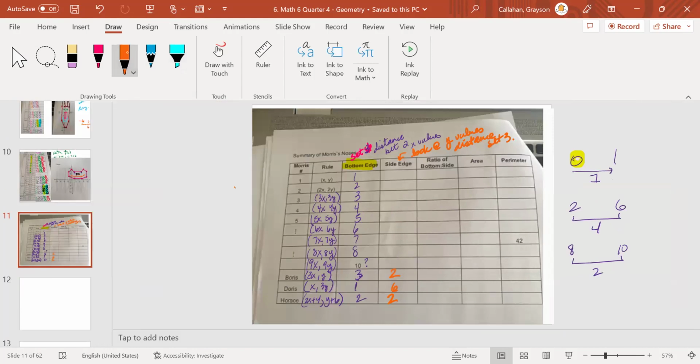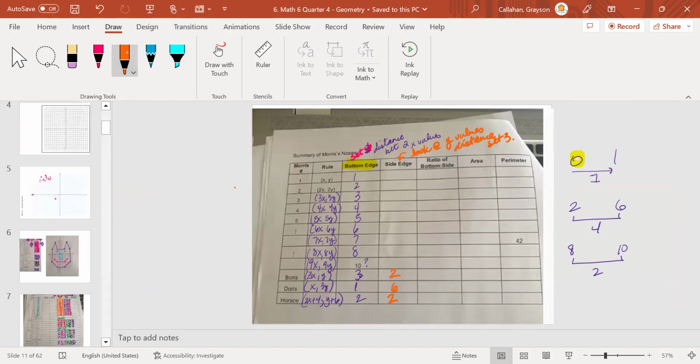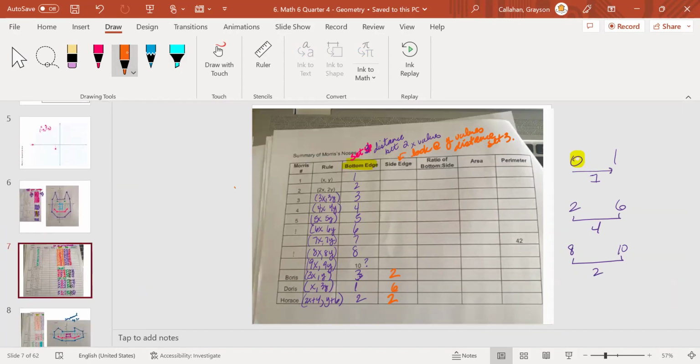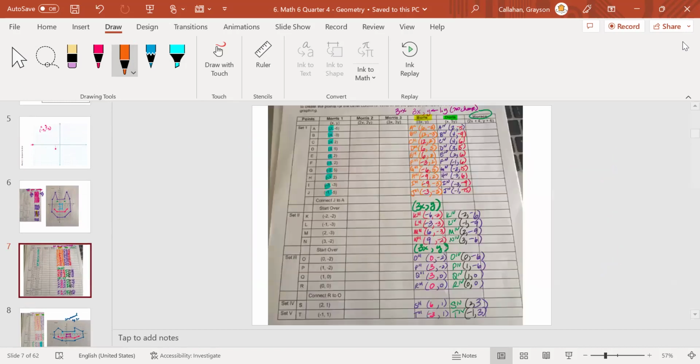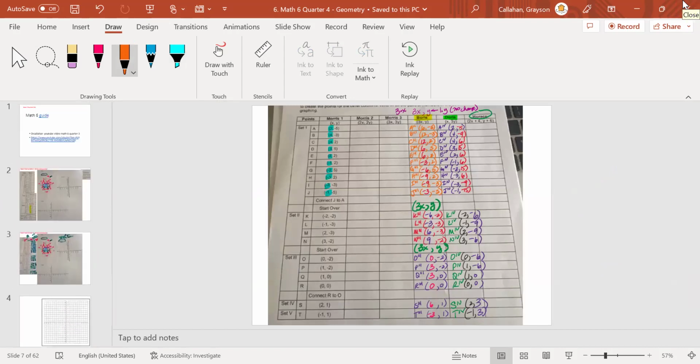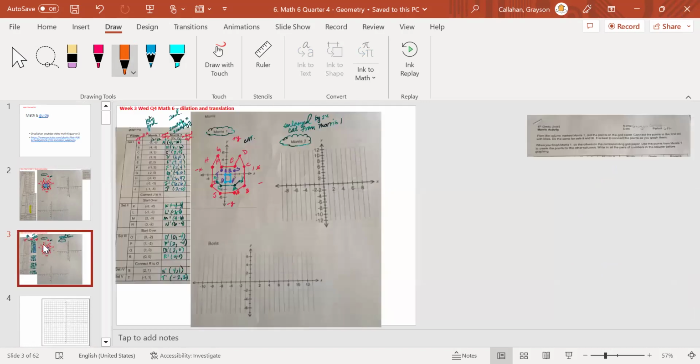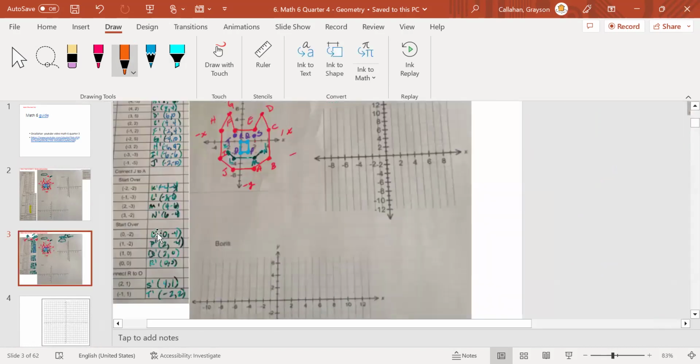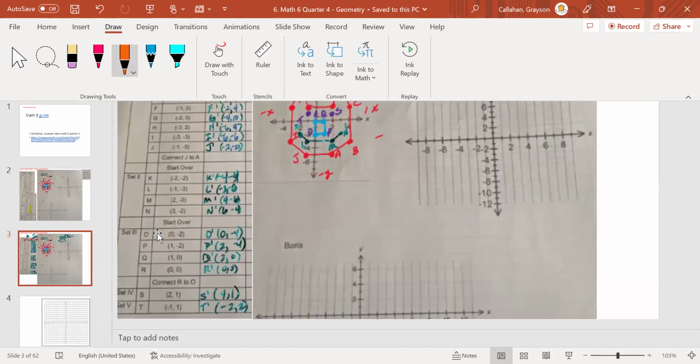Okay, now let's go to Morris 3. You ready for Morris 3? Actually, I have a Morris 2 here. Let's take a look at Morris 2, set 3.